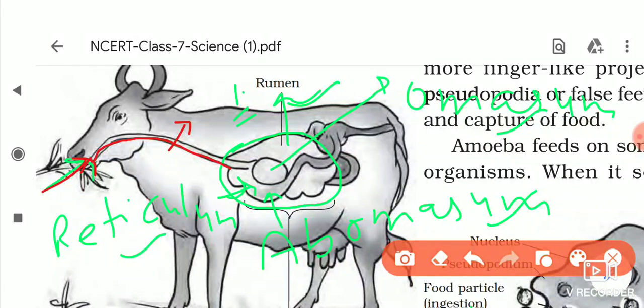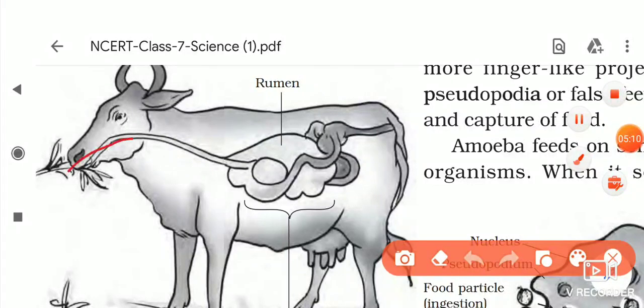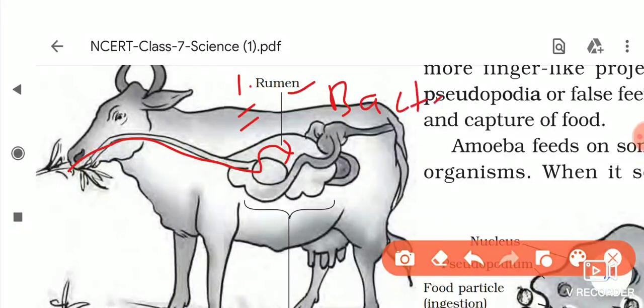This is the food pipe, and with the help of this food pipe, the grass goes into the first part, the rumen. In this part there are billions of bacteria and thousands of protozoa. These bacteria and protozoa break the cellulose and help in digestion of food.